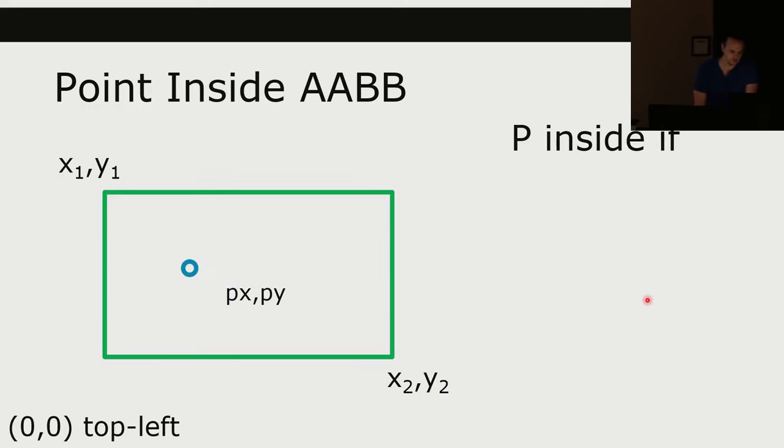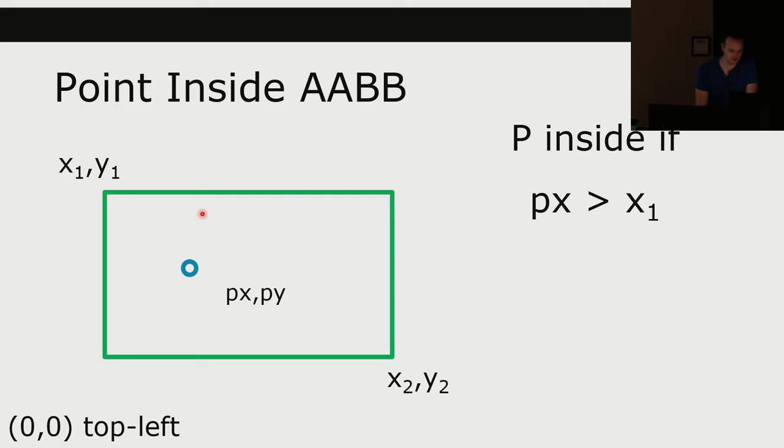So how would we detect if this point is inside the rectangle? Well, I'm sure that you could all very easily write this algorithm. But if we are taking 0, 0 as the top left corner, and so x increases to the right and y increases down, just like SFML does, then essentially this point is in the rectangle if it's within the rectangle. So how do we say within the rectangle?